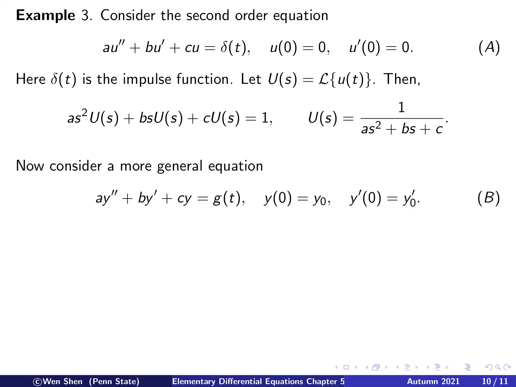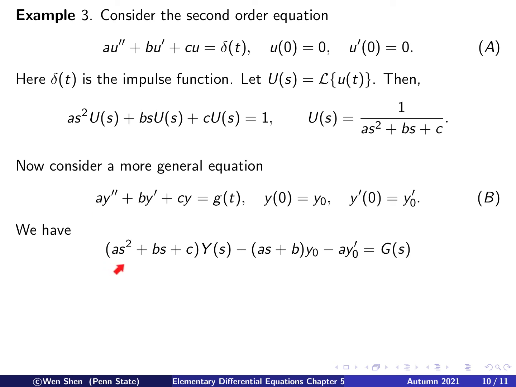Let's call this B. Let's try to solve this by taking the Laplace transform on both sides. We'll have the characteristic polynomial times Y(s), and then we'll have the terms coming from the initial conditions because they're not 0: (as plus b) times y naught plus a y naught prime, equal to G(s).